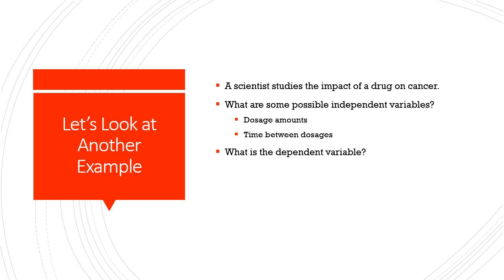What is the dependent variable? That scientist cannot determine the effects of the drug on the cancer. That is determined by the independent variable. So the scientist controls the independent variable. The dependent variable is controlled by the independent variable. Okay, so let's look at one more example.